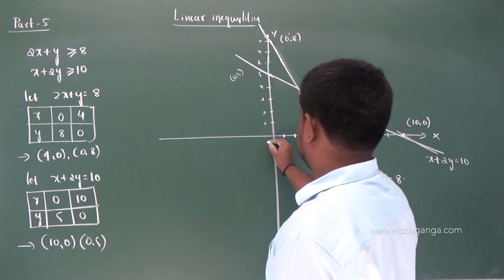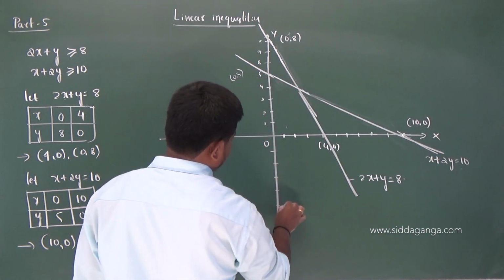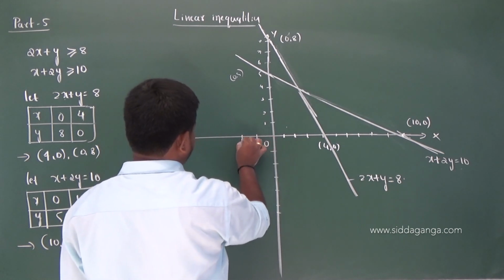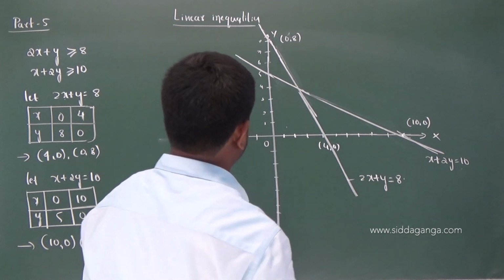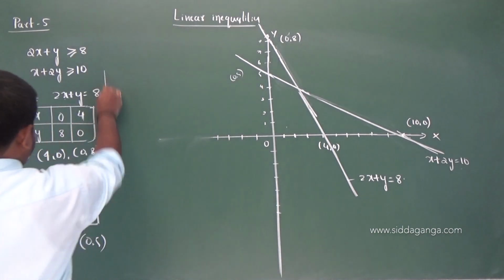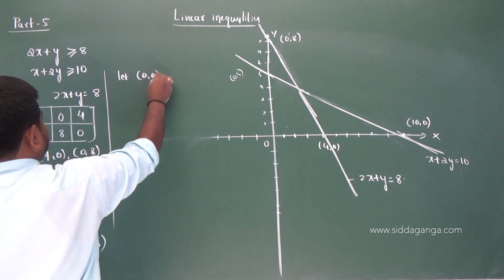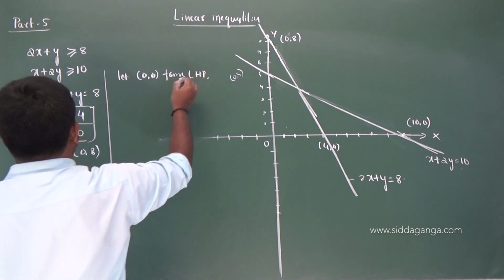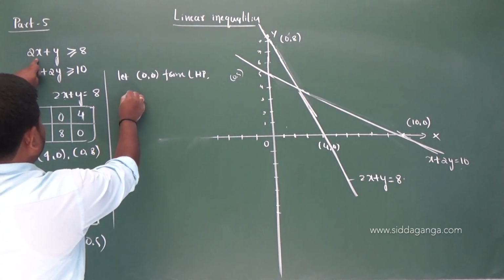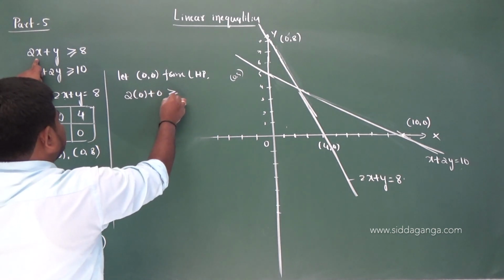For both the lines, (0, 0) comes in the lower half plane. Let us check this. Substitute (0, 0) in the first inequality: 2 times 0 plus 0 is greater than or equal to 8.